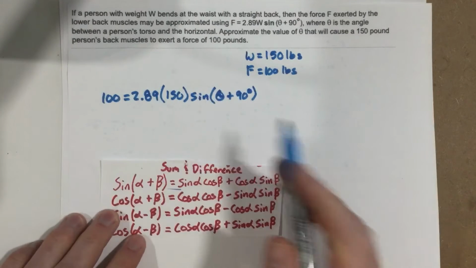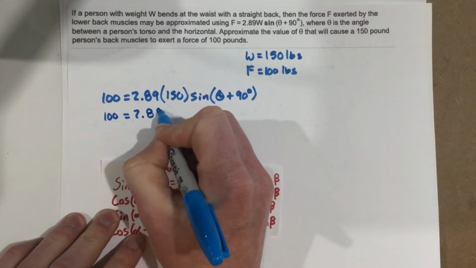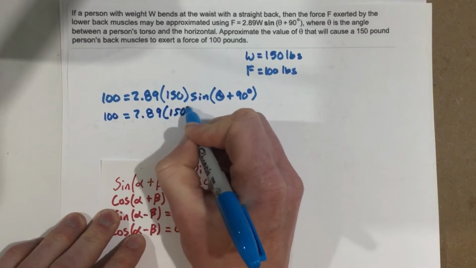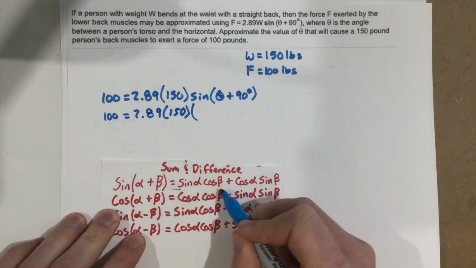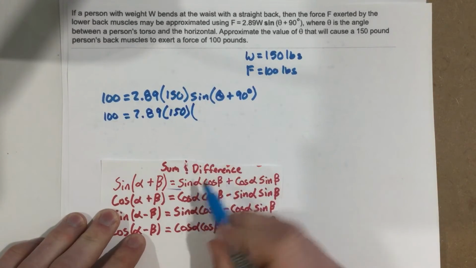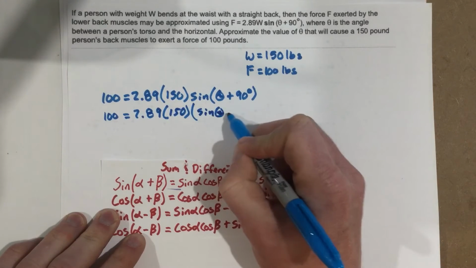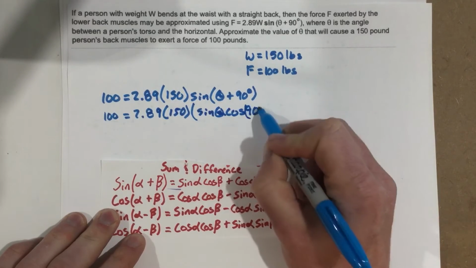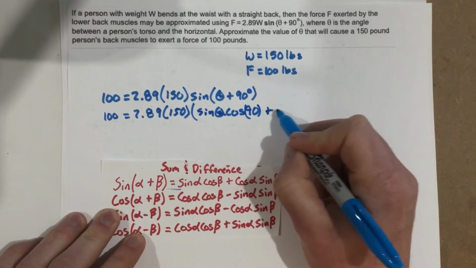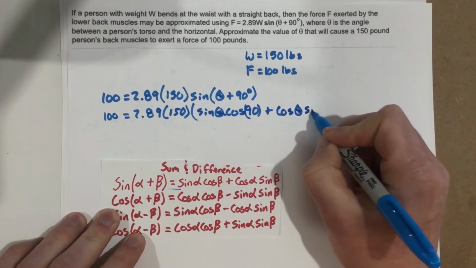So let's go ahead and do that. We get 100 equals 2.89 times 150 times sine theta cosine 90, remember that's a multiplication, plus cosine theta sine 90.